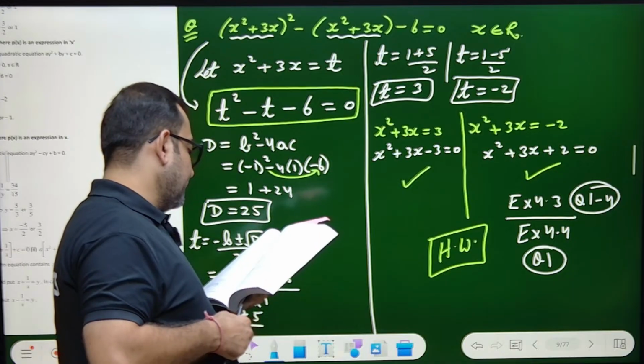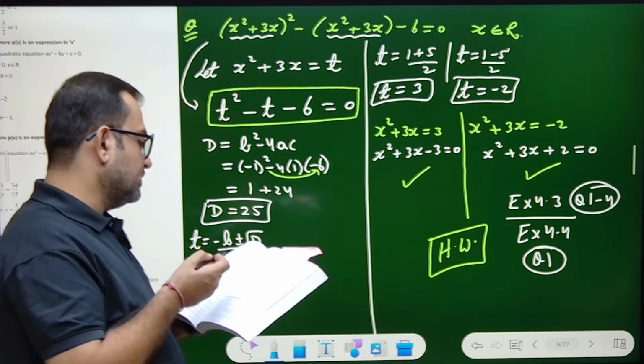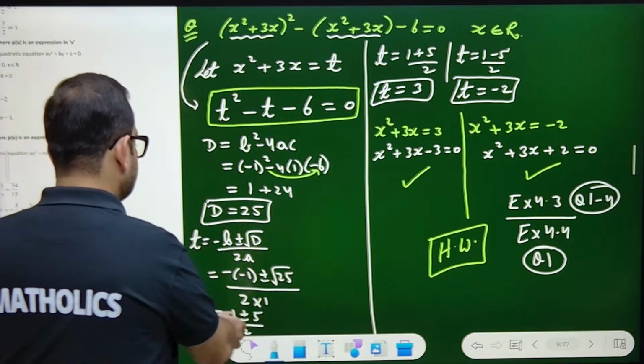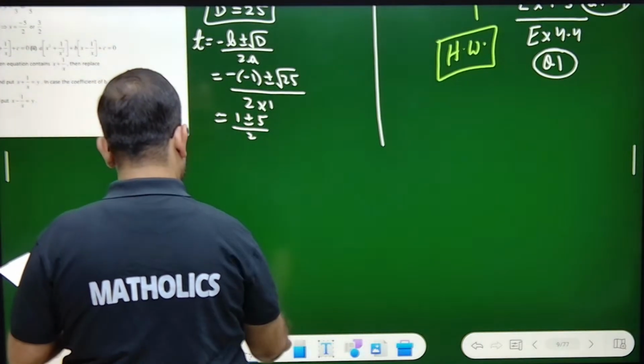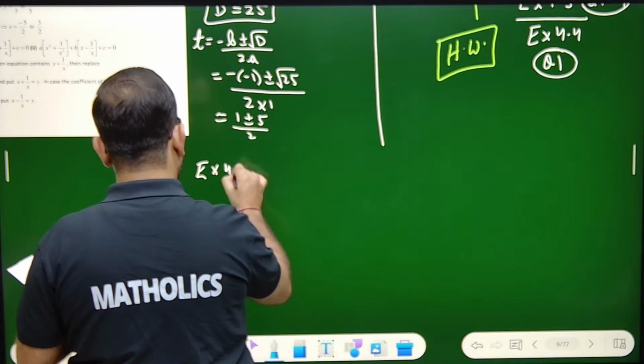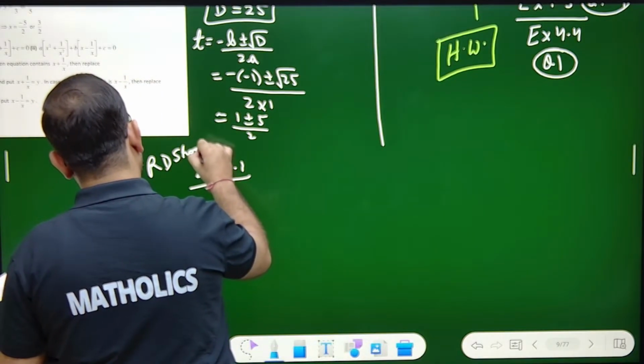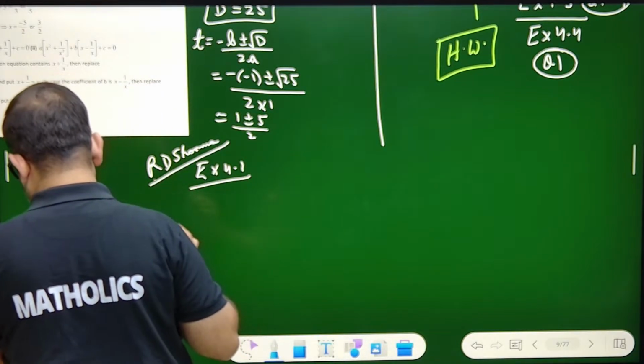Okay, find the value of k. You just have to put the value, x equal to 2 by 3. If the question says, see, exercise 4.1 from RD Sharma.